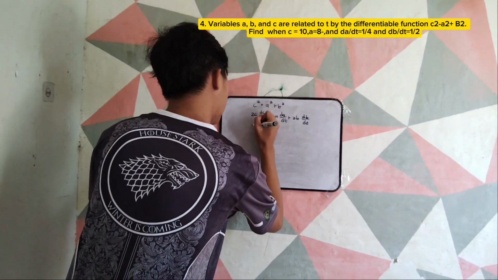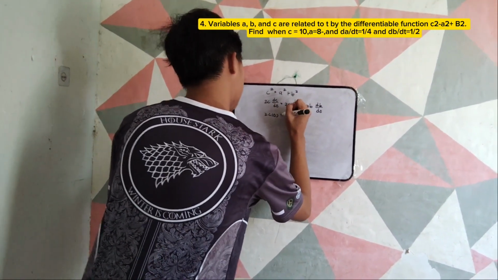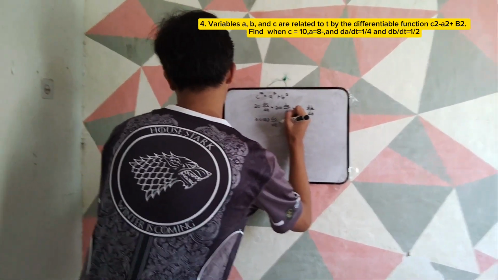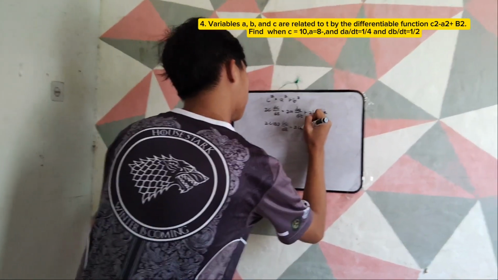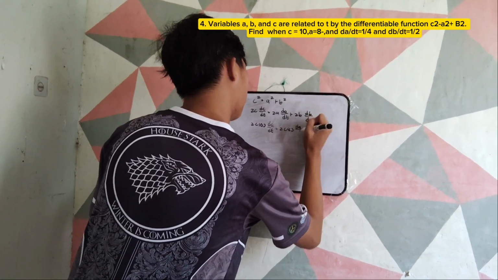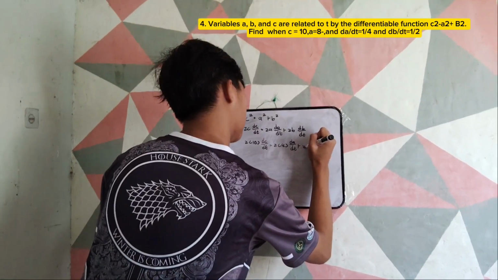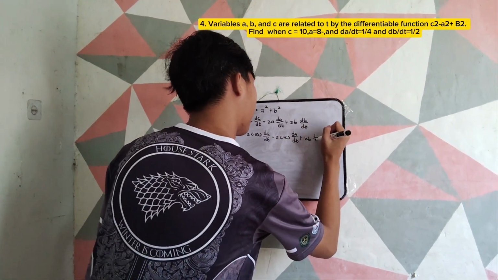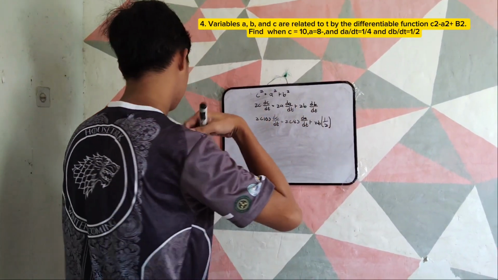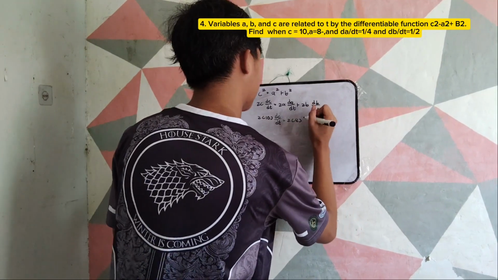So c is equal to 10, so therefore 2 times 10 dc over dt is equal to, a is equal to 8, so dA over dt plus 2b, and dB will be 1/2. And this dA over dt is given as 1/4.